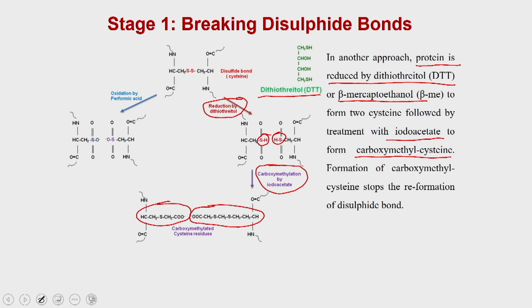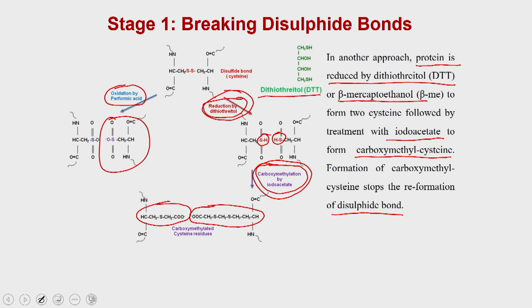Then these two molecules will not come together and will not form the disulfide bonds. So, these are the two approaches you can use to break the disulfide linkages. In approach 1, you use performic acid, which gives you the cysteic acid, and in approach 2 you do the reduction with DTT or beta mercaptoethanol, followed by the reaction with iodoacetamide.